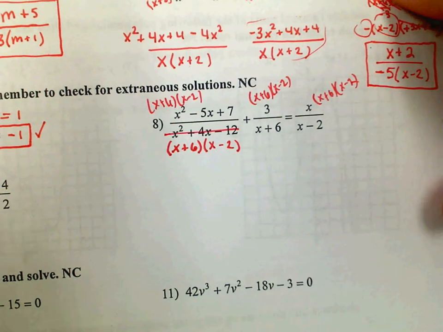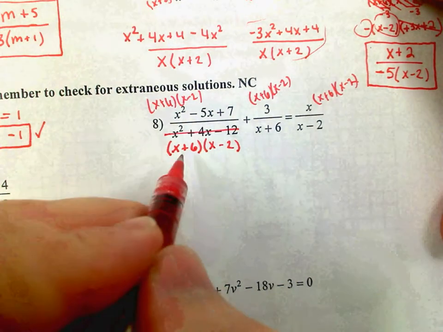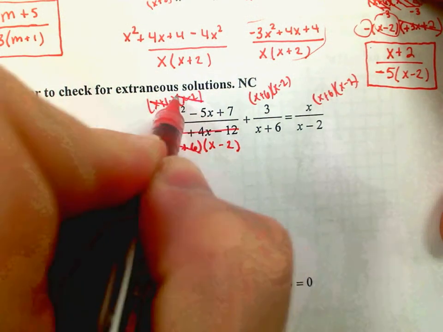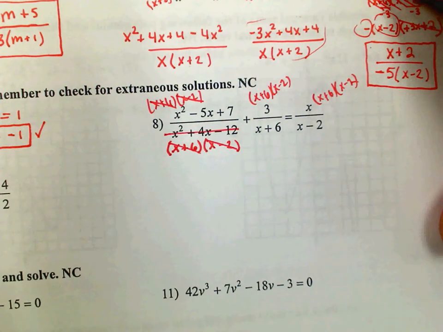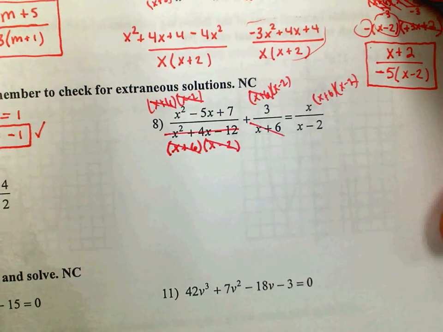Now, the far left, they'll both cancel. I have an x plus 6 and an x minus 2. The middle term has an x plus 6 that can cancel. And the far right term has an x minus 2 that can cancel. Now let's look and see what we're left with.